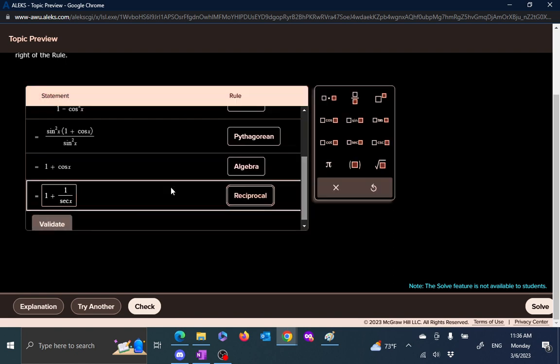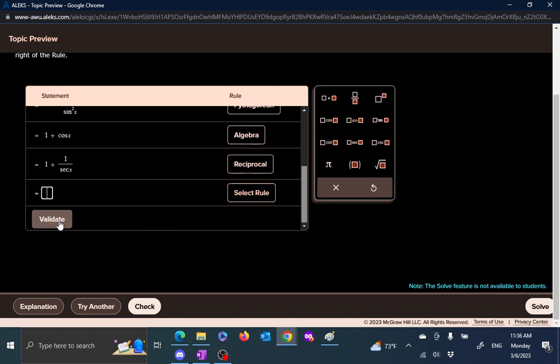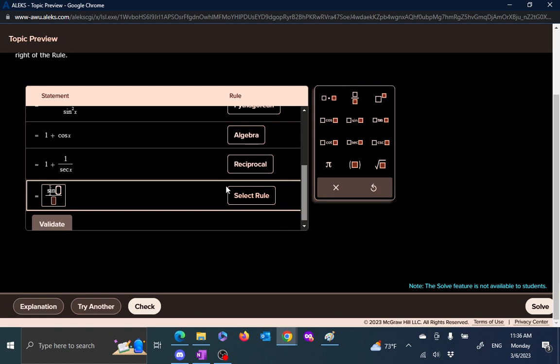So we have reciprocal. Now let's see if it's going to like what we do. So I'll have secant of x plus 1, and the denominator is secant of x.